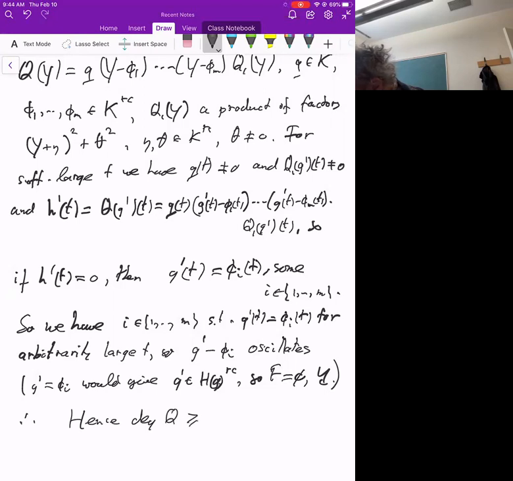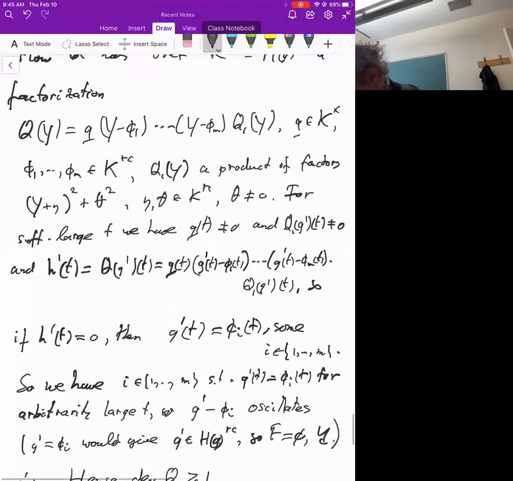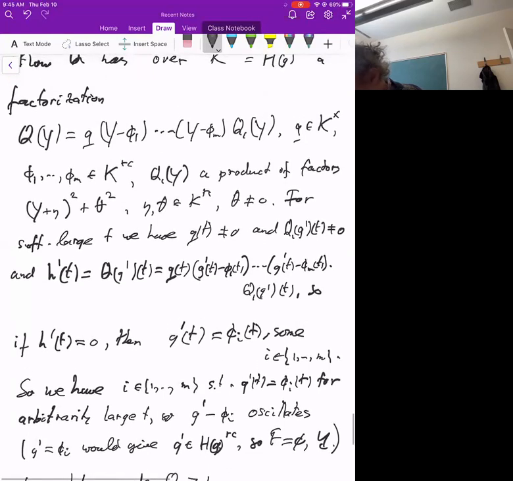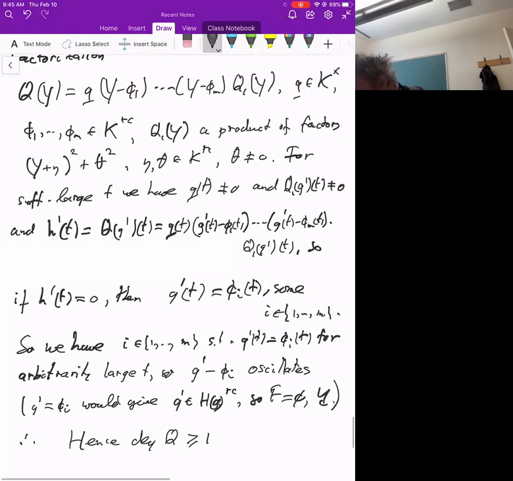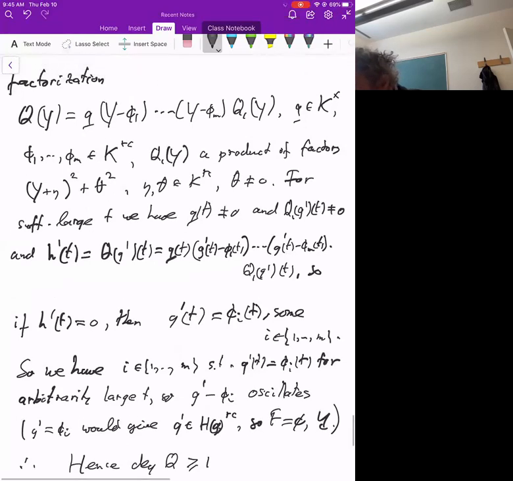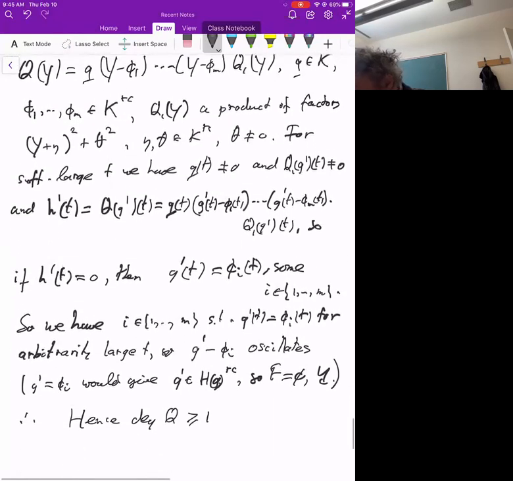Well, I guess we could have concluded this earlier. Oh, yeah, it's rather obvious, right? We have an i in 1 up to m, which means that m has to be at least 1. In the statement here, m could be 0, but since there must be at least one i between 1 and m, m has to be at least 1. And so q is, of course, of degree at least 1.